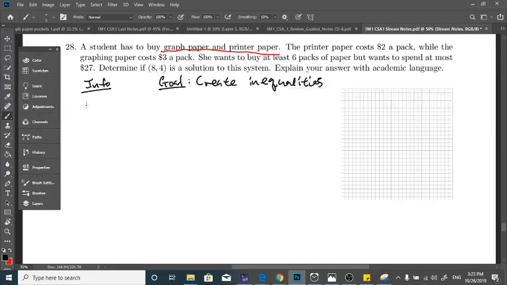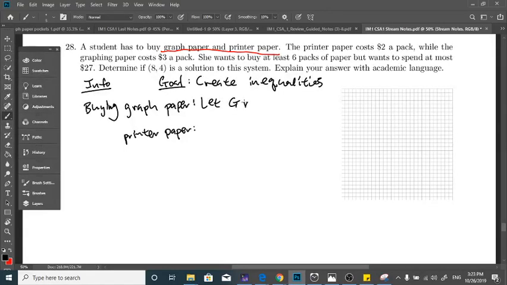All right. Buying graph paper. And then printer paper. Again, it might seem silly to write this, but you need to understand it. So I'm just gonna put G for graph paper. Let G represent the number of packs.